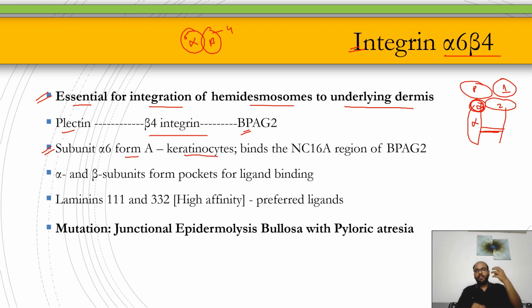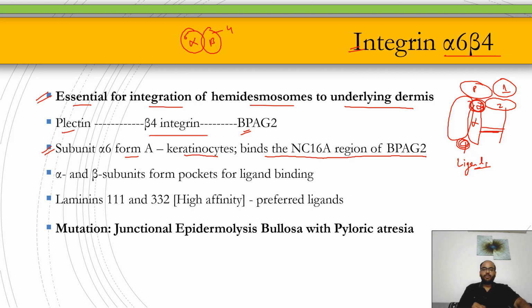So this protein molecule is formed by keratinocytes and then let out of the cell inside the lamina lucida. It binds to the NC16A region of bullous pemphigoid antigen 2. Clear? The alpha and beta subunit form pockets for ligand binding. So alpha and this one is then beta, and they will form a pocket so that other ligands can bind at this pocket.